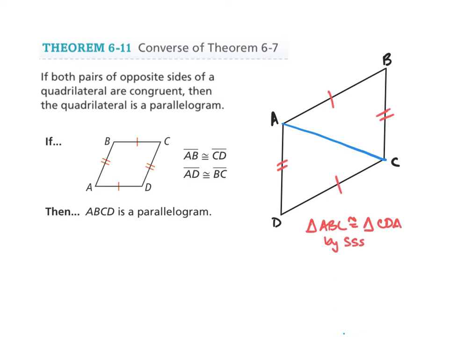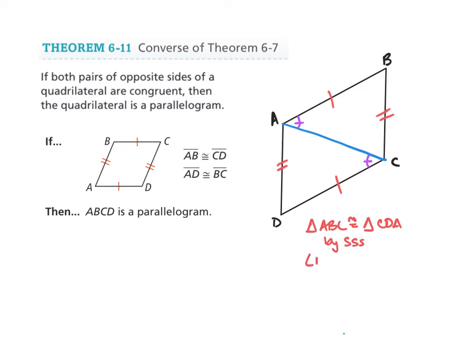Now, if those two triangles are congruent by SSS, the next thing we can do is say, oh, look, that means that this angle here and this angle there are congruent, because the corresponding parts of our congruent triangles have to be congruent. So this angle and this angle are corresponding parts of these. Once we say that the triangles are congruent, we know all their parts have matches on each other, so this matches that, and they're congruent to each other. So we can say that those two angles are congruent.